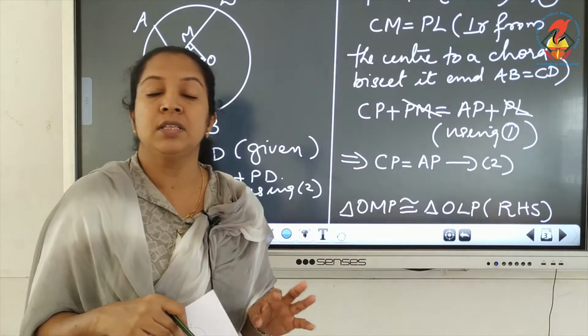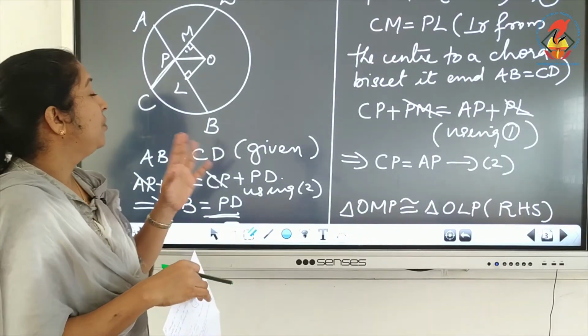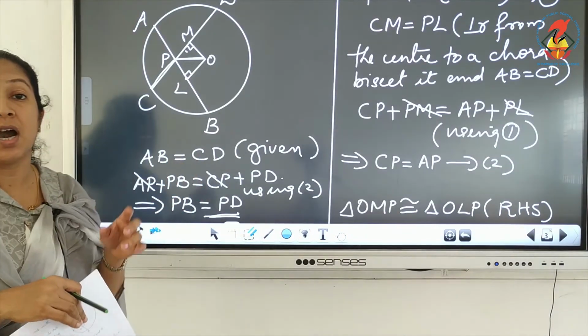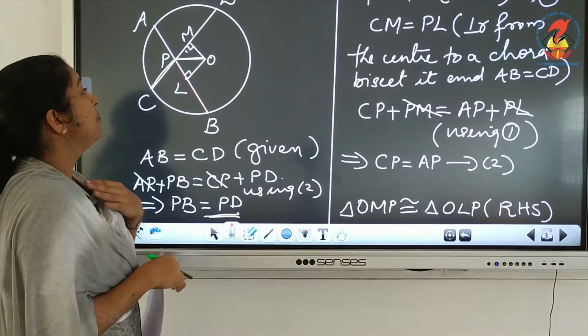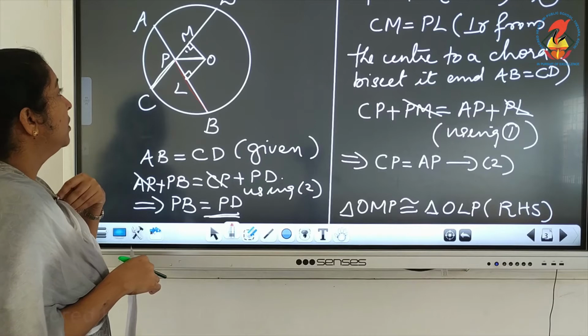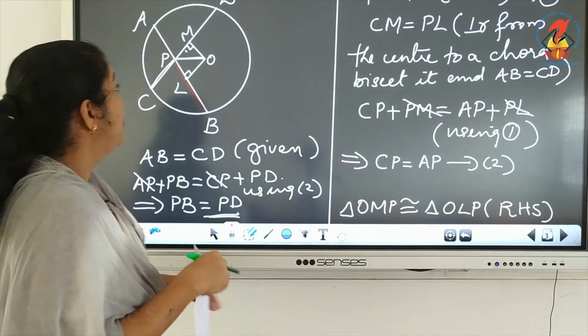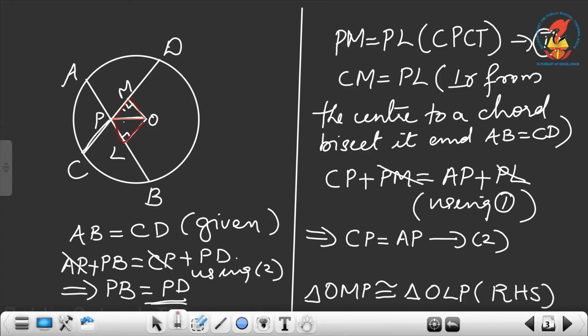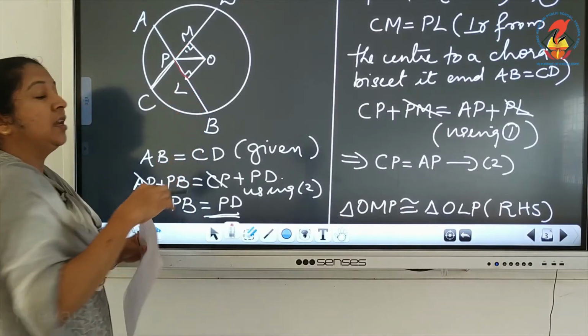So what is given in this question? A circle and two equal chords are given. We have to prove that both the segments are equal, that means AP is equal to CP and PD is equal to PB. For that, we joined P and O, then drew perpendiculars OM and OL. Then we proved both these triangles are congruent. From that we got PM is equal to PL.